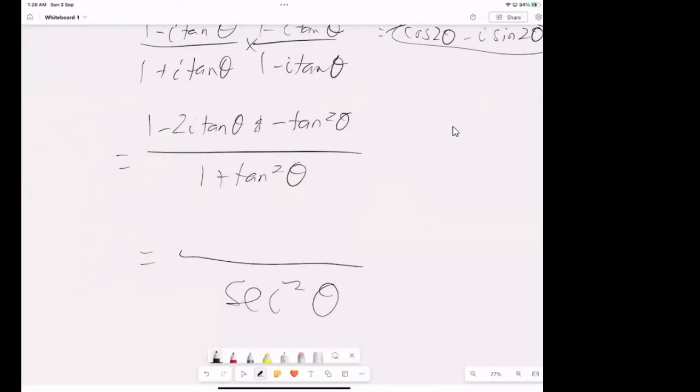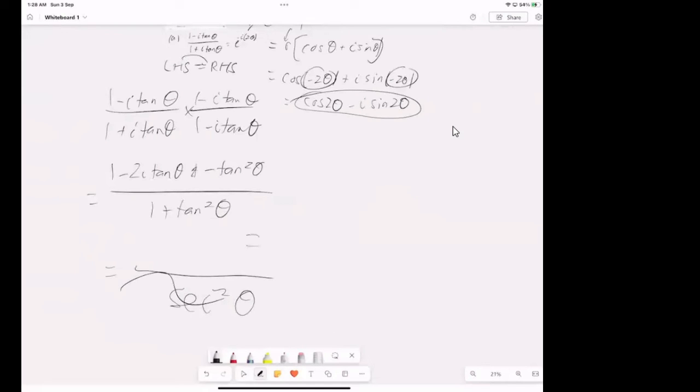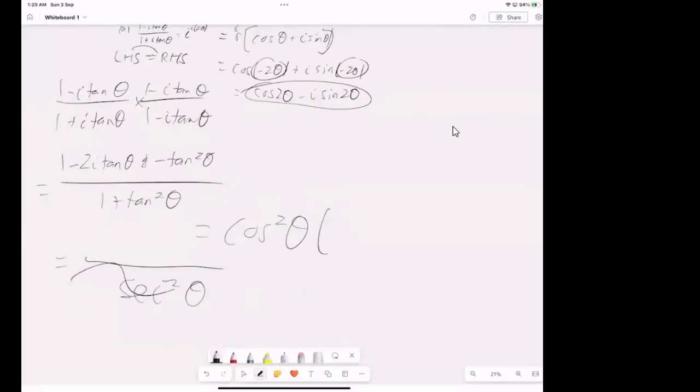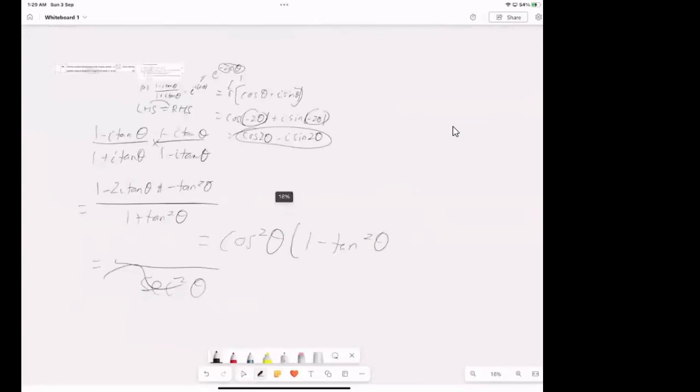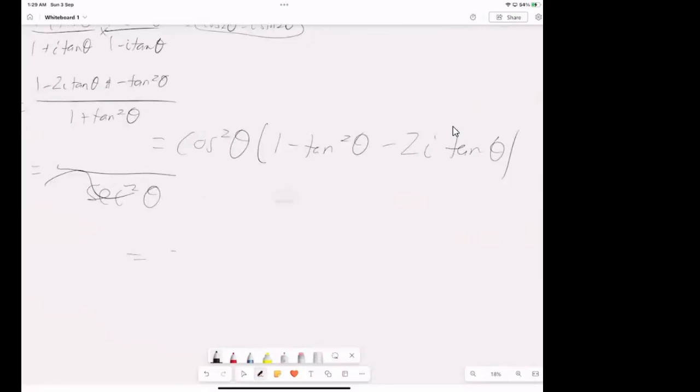Okay, I think I saw it. Because 1 plus tangent square is secant square theta, 1 over secant square theta is cosine square theta. So cosine square theta times 1 minus tangent square theta minus 2i tan theta.